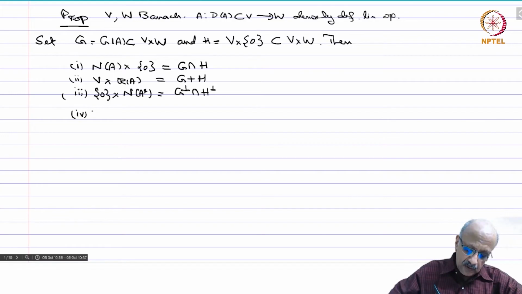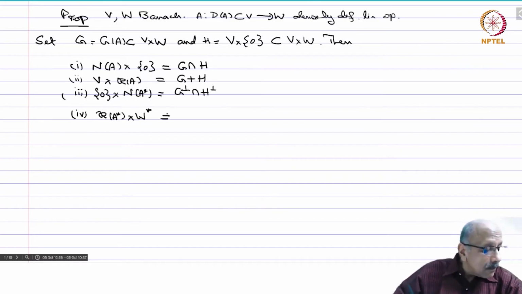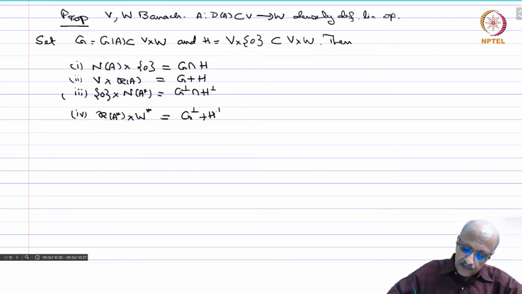And 4: range of A star cross W star equals G perp plus H perp.